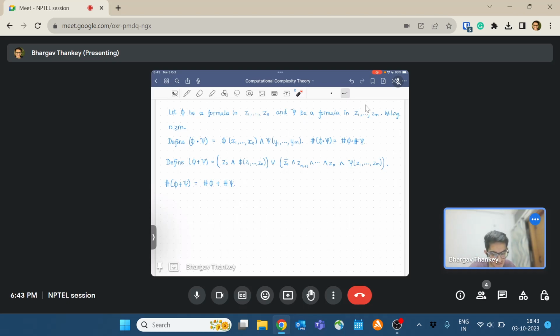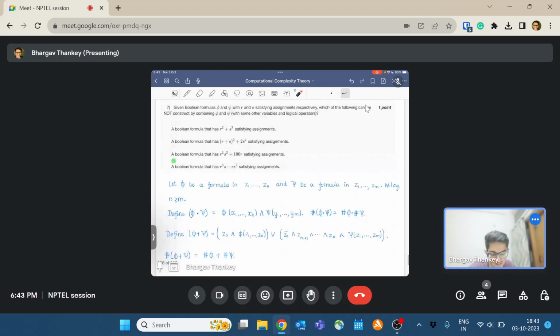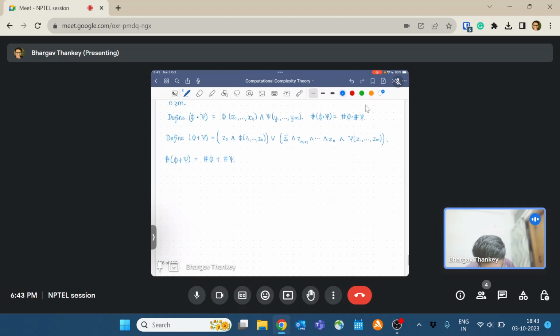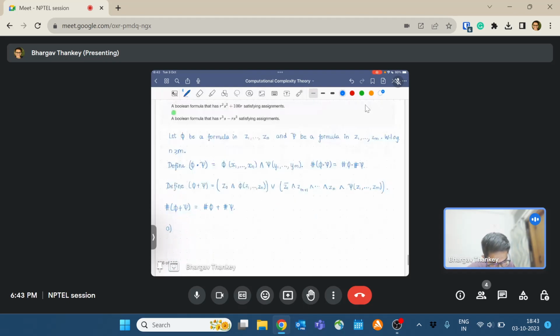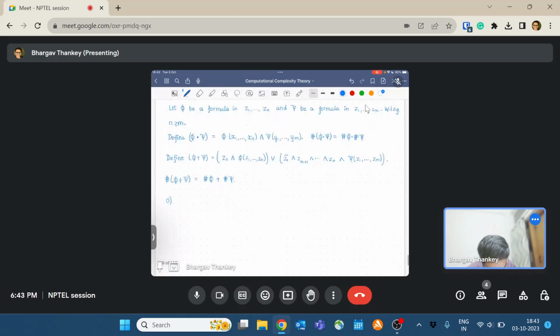Okay, so if this is fine, then let's just see how, using these two constructions, we can get these three formulas. So for A, it's R square plus S cube. We'll first take phi.